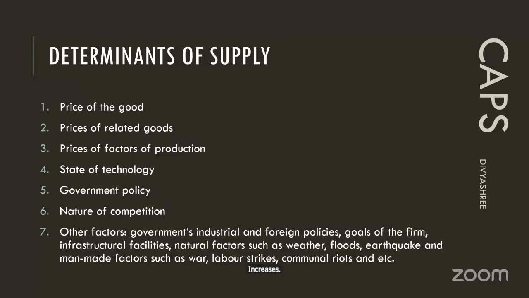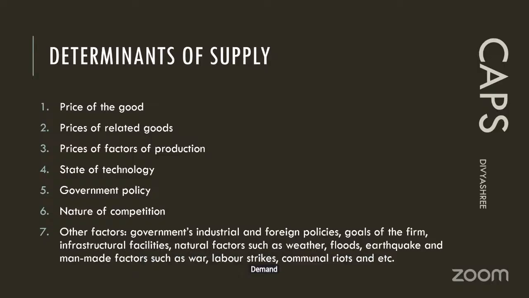In case of substitute goods, it is exactly opposite to the demand case. If the price of one commodity increases, the supply of another commodity decreases, because they will supply the product which has the greater price. And in complementary goods, if the price of one commodity increases, the supply of another commodity increases. Okay, it is exactly opposite to the demand.